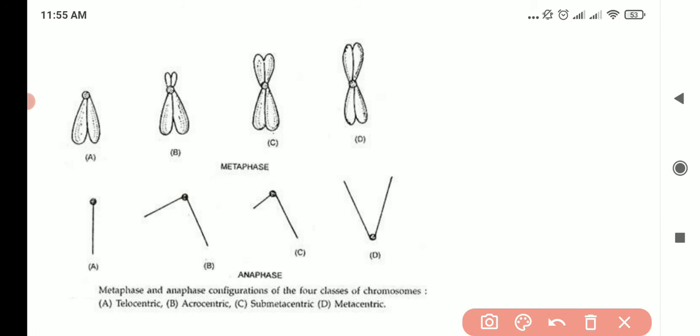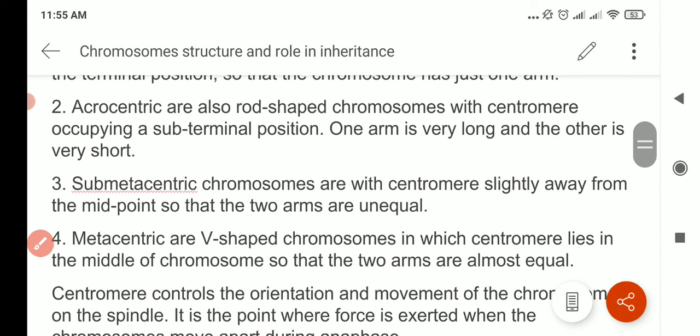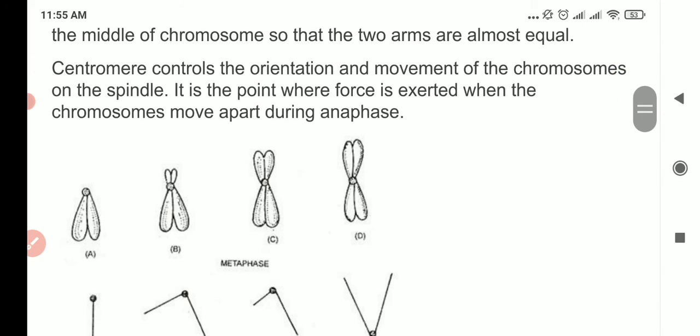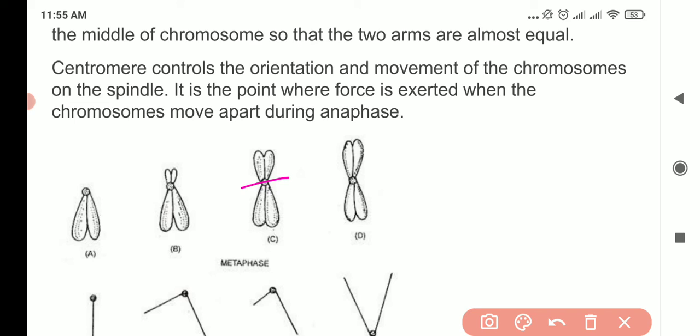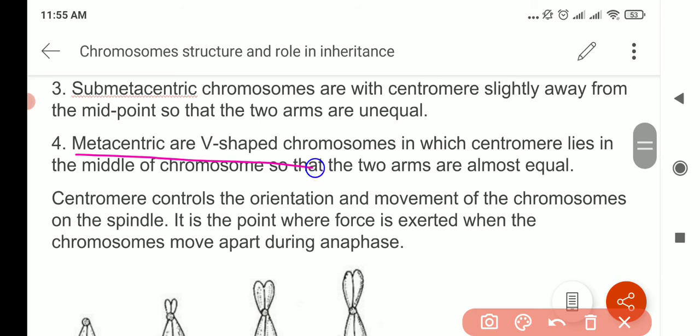Then you have submetacentric, slightly away from the midpoint. And the one with the centromere in the center is the metacentric. These are your V-shaped chromosomes. The centromere lies exactly in the middle, and the two arms are almost equal.